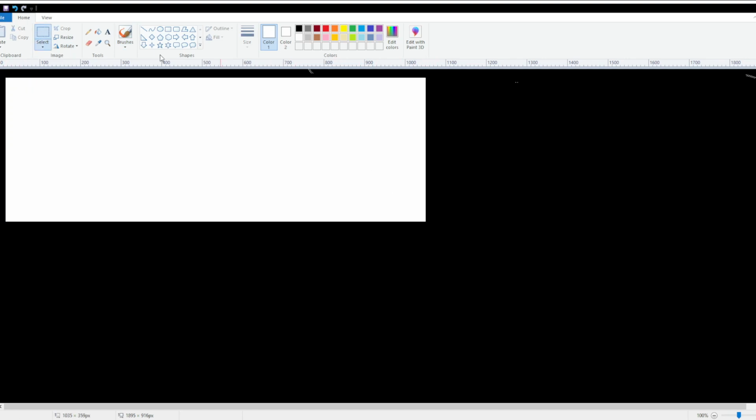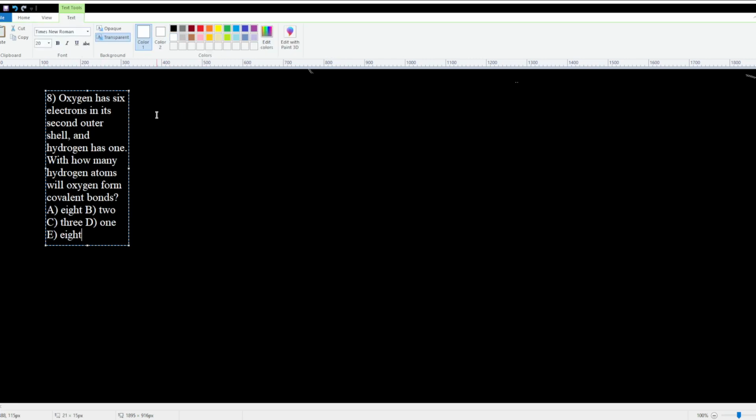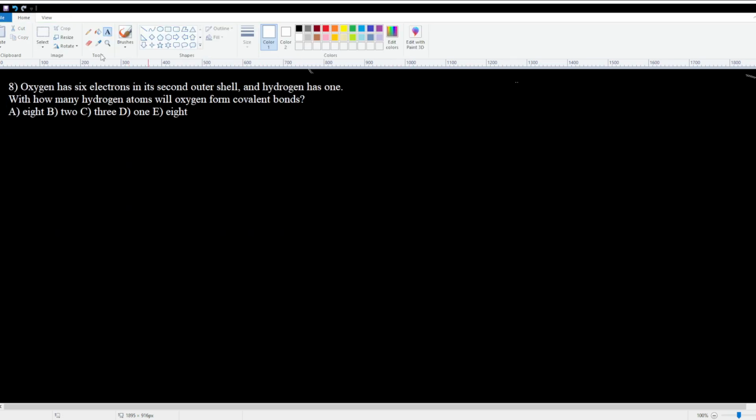Okay, moving on. So we're moving on to 8. Oxygen has 6 electrons in its outer shell, and hydrogen has 1.